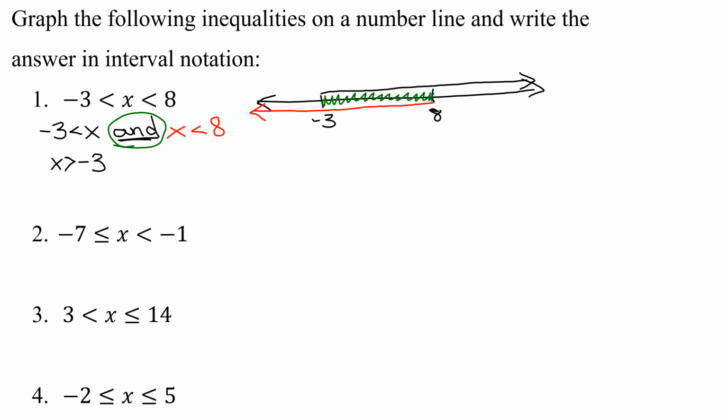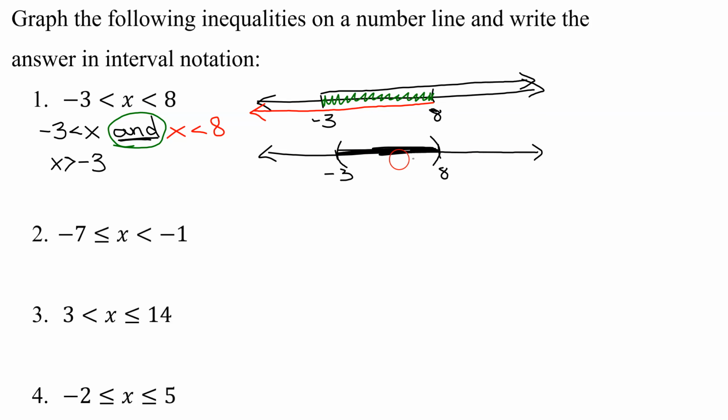That's looking a little scrappy, so let me just draw myself a number line. I'm going to have -3 and 8. I want to shade everything in between those two numbers. And I have a greater than here, so I'm going to use parentheses on -3. I have a less than for the 8, again parentheses.